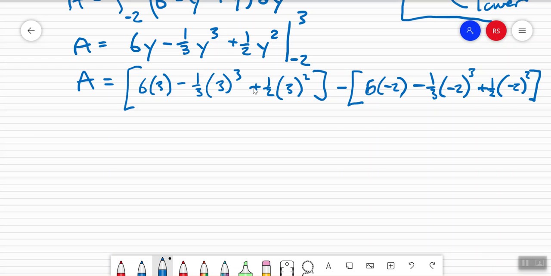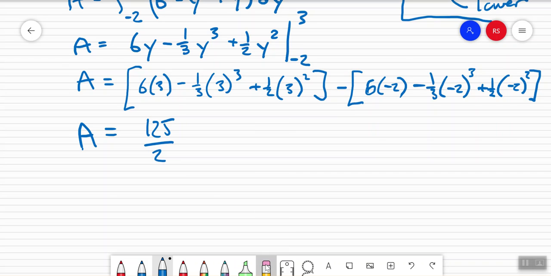And so once you go through and do all of the arithmetic, and I'll let you do that on your own, we end up with 125 over 2. That's 125 over 2. Actually, I'm sorry, over 6. I can't read my own writing here. I've got the solution already done.